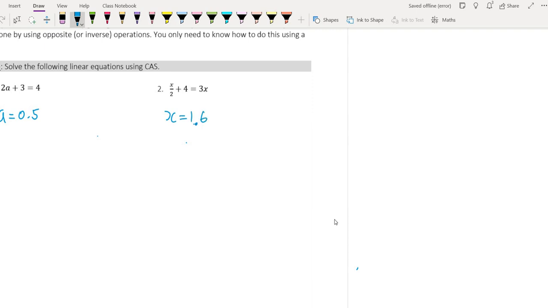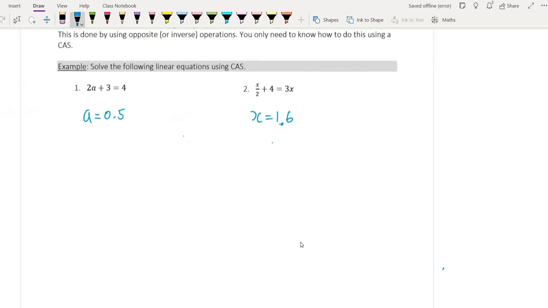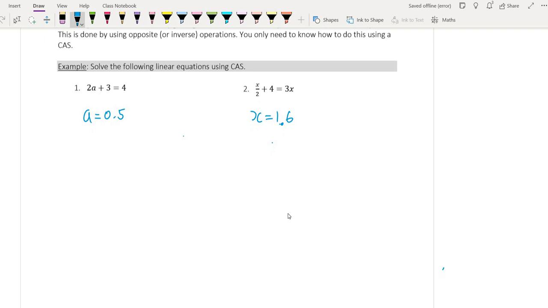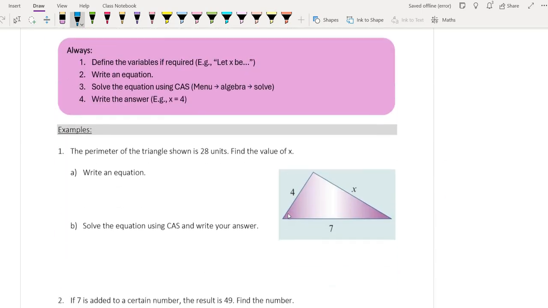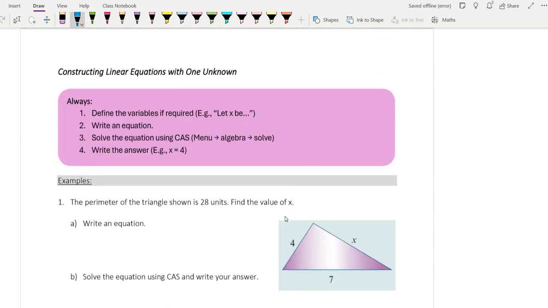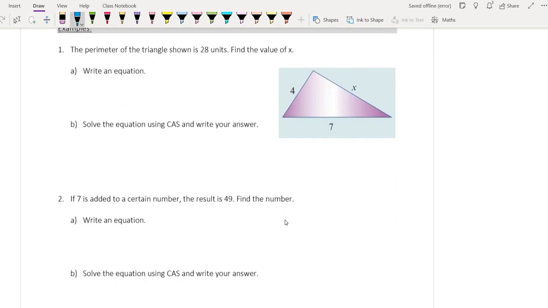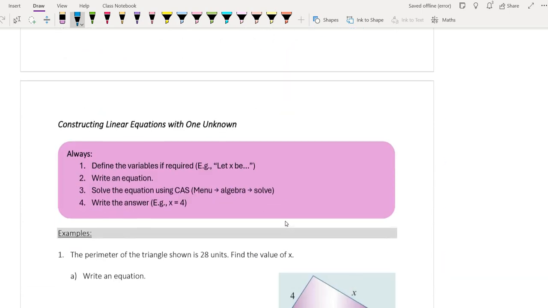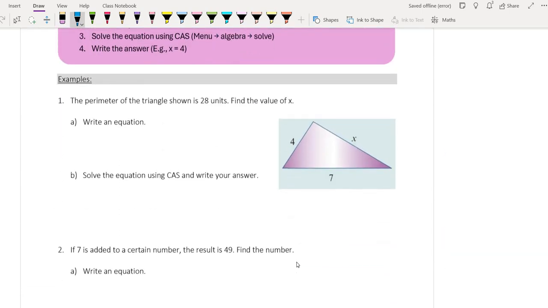So as you can see, if we have a linear equation using the CAS, it's fairly straightforward to solve. So the challenge of this skill would be to construct the equation. When we're given some context but not given the equation, coming up with the equation would be the challenge, because the solving part can be done on the CAS.